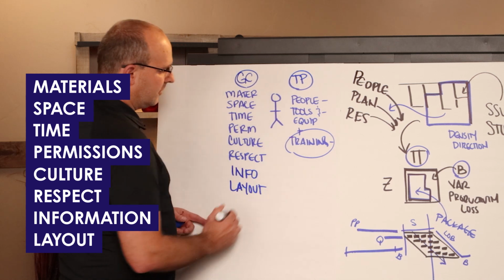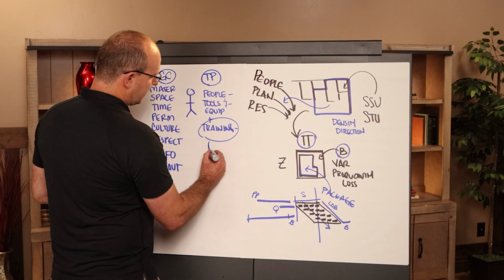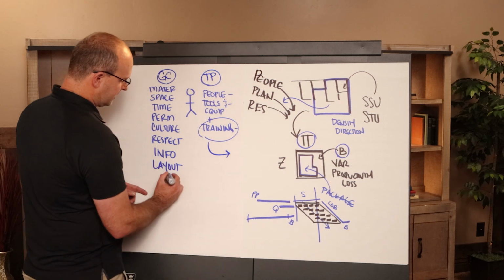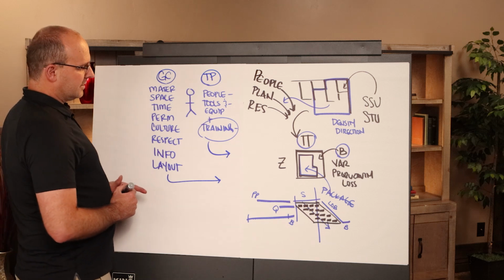This is all very important. This is the general contractor's job, and so the trade partner's got to bring a certain level of expertise, and the general contractor has got to bring a certain level of expertise.